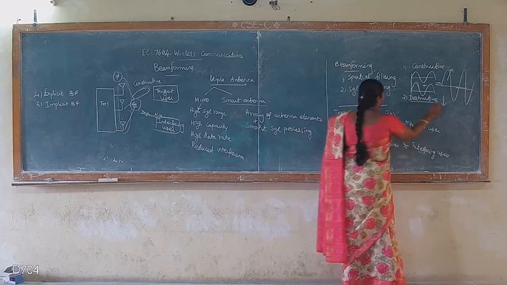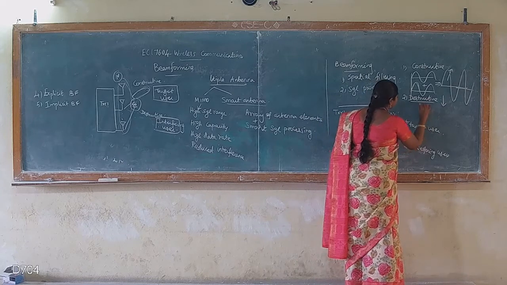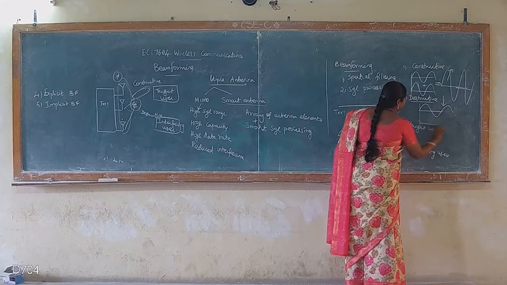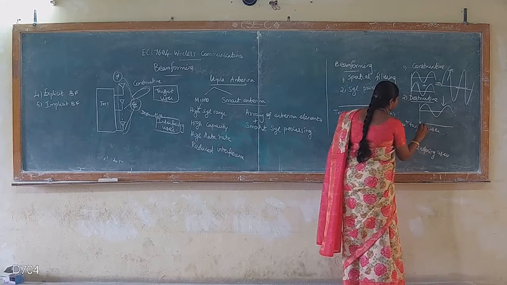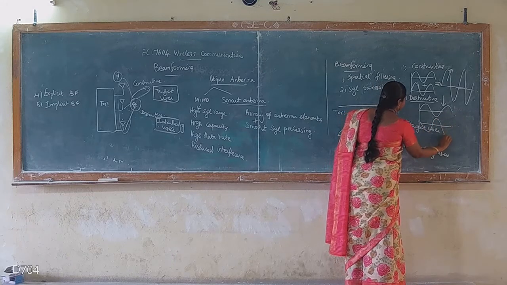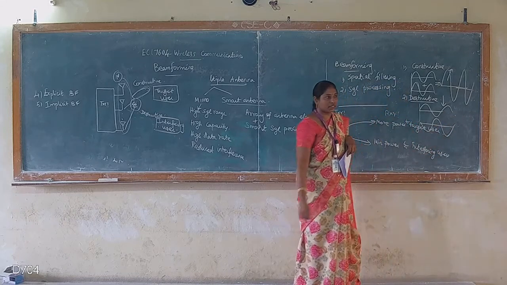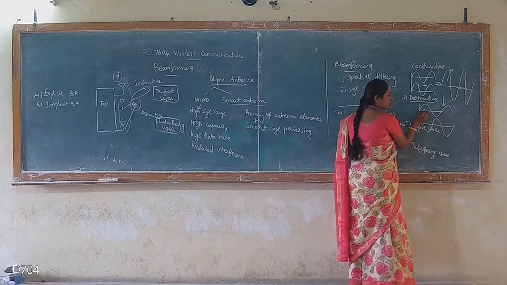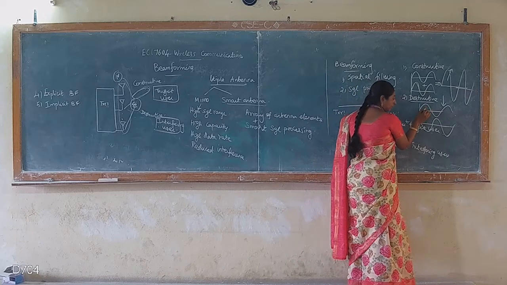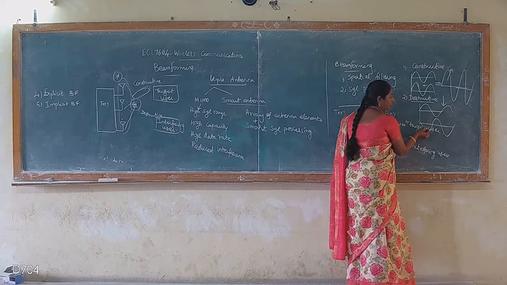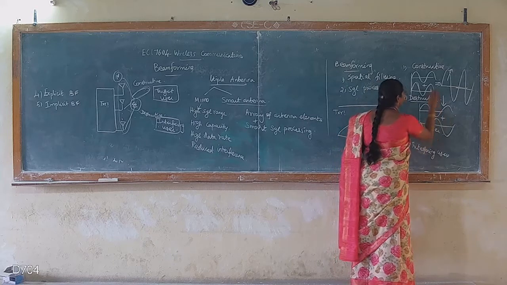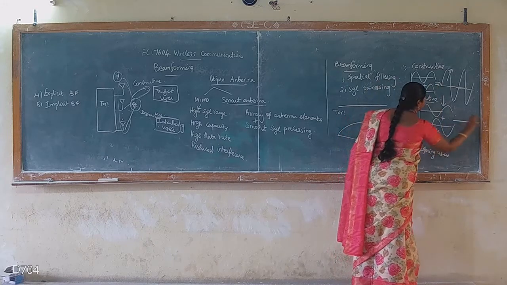Then what happens with destructive? This is the first signal, and another antenna signal looks like this. If you add the two signals, what is the resultant? When one signal is in its positive half cycle, the other is in its negative half cycle. If you add these two signals, you get a null.